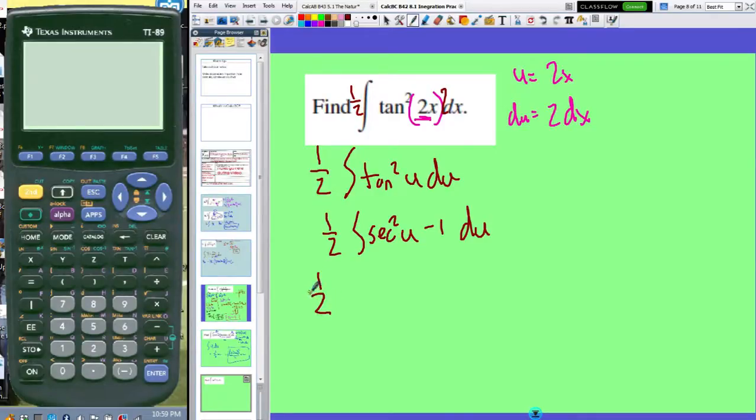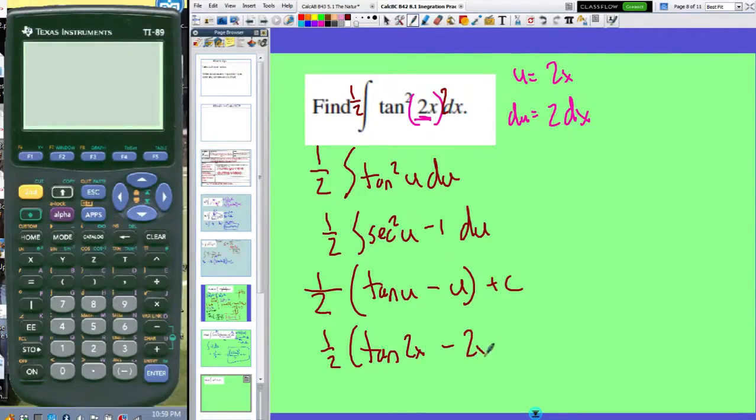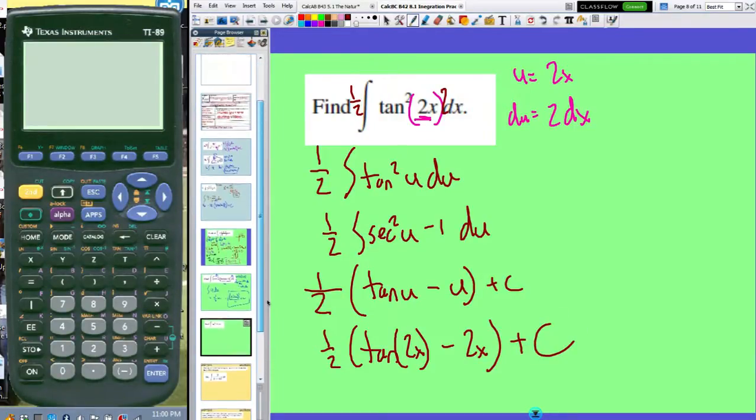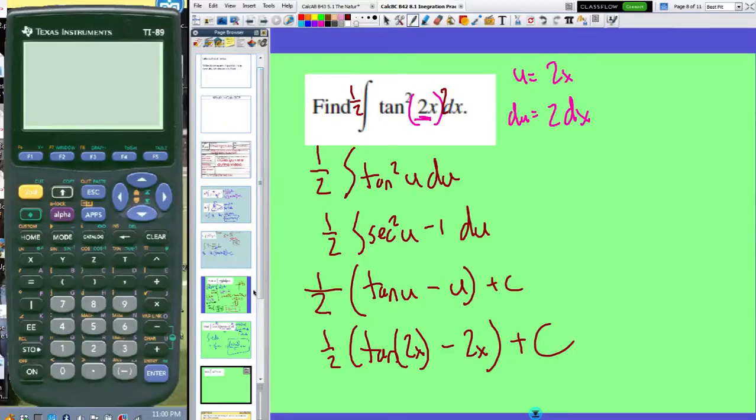So the answer is 1/2 times tangent of u minus u plus c. And if you substitute back in your 2x, 1/2 tangent of 2x minus 2x plus c. There you go. All right, I'm going to save some examples for class, and that's it for this lesson.